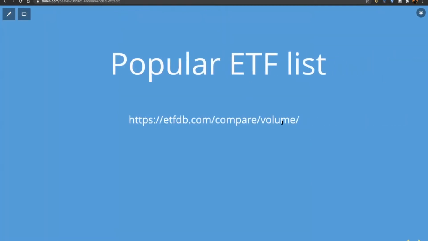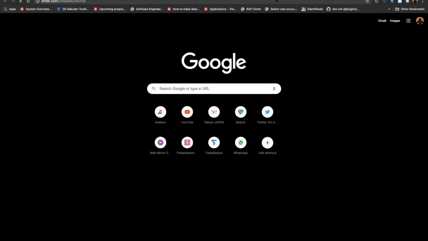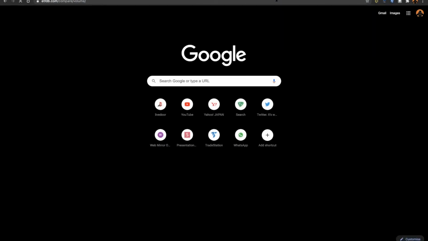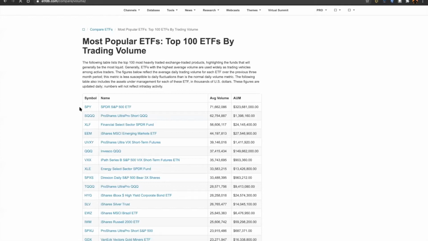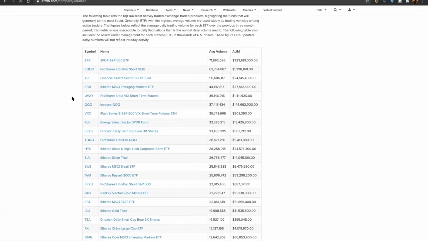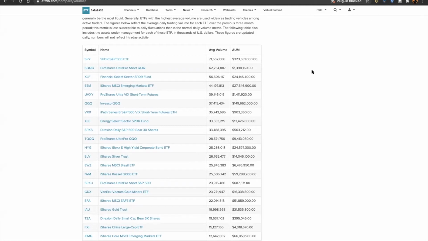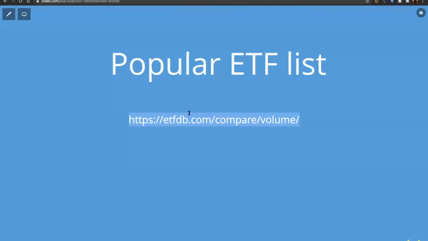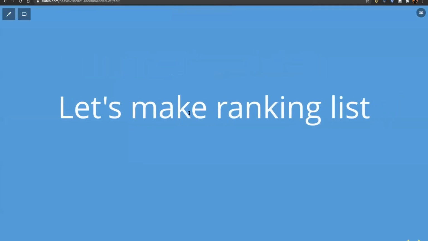How I get this is from here. I just grabbed the list of this year's most popular ETFs, where popularity means volume, which ETF has more volume. Based on that, I'm just listing them out. So that is here.